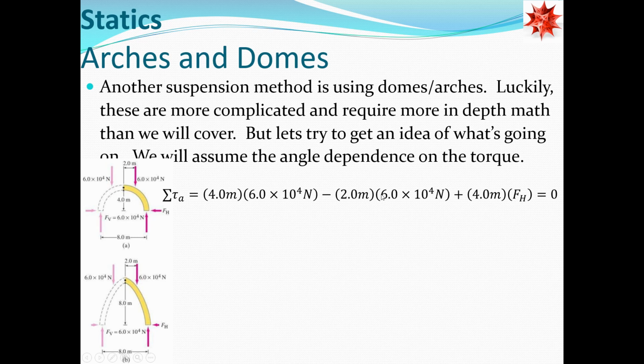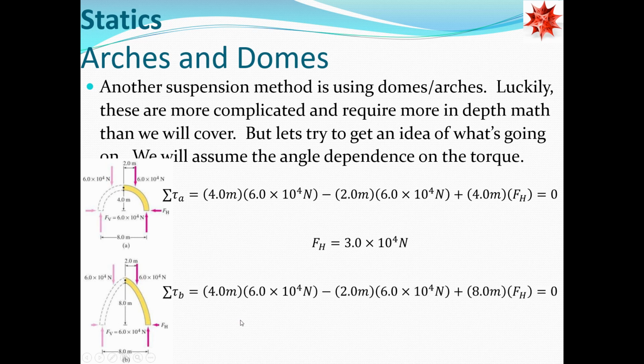We're going to ignore the whole angle effect on it, and we end up getting that the force over here at one of the supports horizontally is about 3 times 10 to the 4th newtons, while here, with this much higher arch, it ends up being a little bit less. So when you have this semicircle, it requires much more force going horizontally than in a case like this, which only requires a little bit of horizontal force, since most of the weight is actually going up and down versus this, where it's distributed all around.